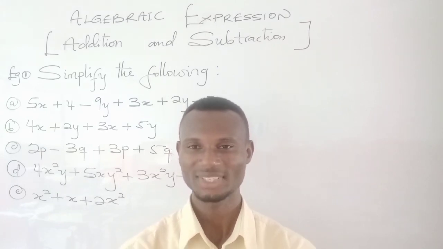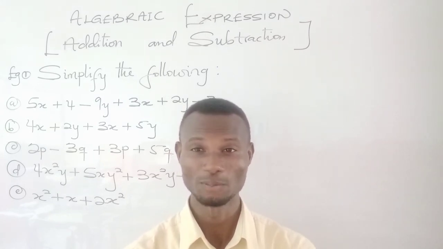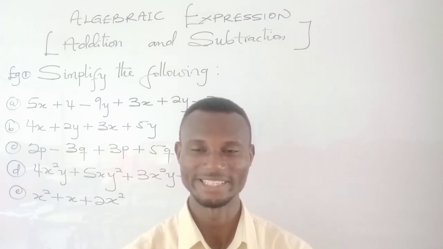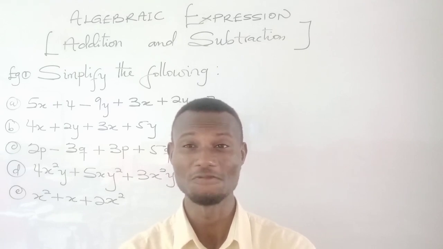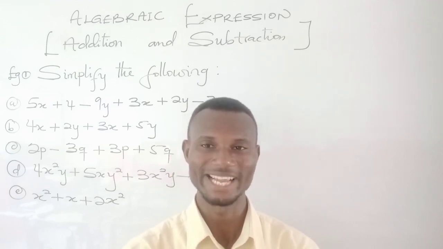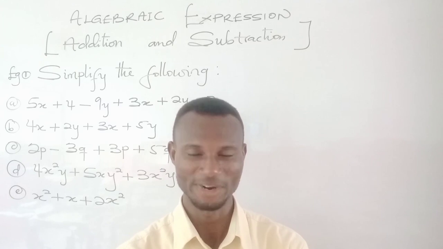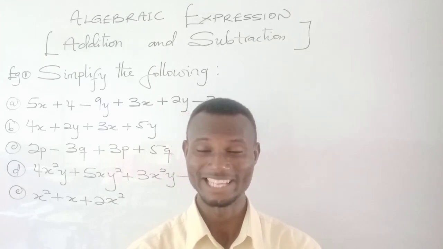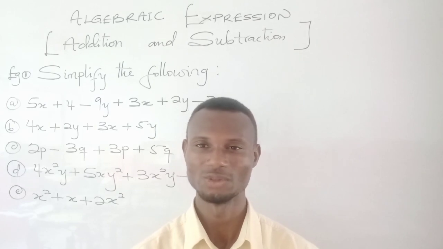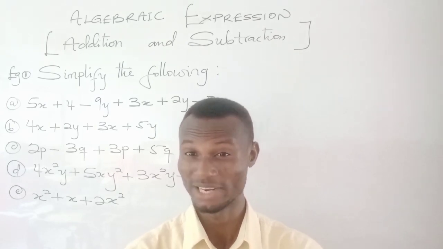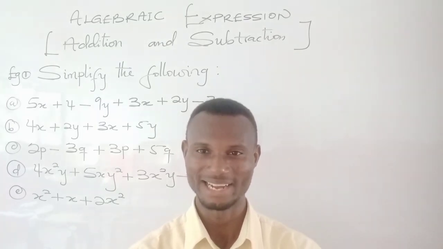They are addition, subtraction, multiplication, and division. So the act of conducting these four basic operations on variables is what is termed as algebraic expression. I hope the explanation is clear enough up to this point. I'm going to explain it in the simplest form so that everyone can understand.